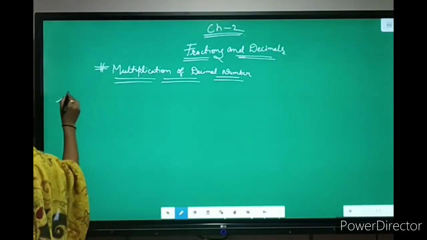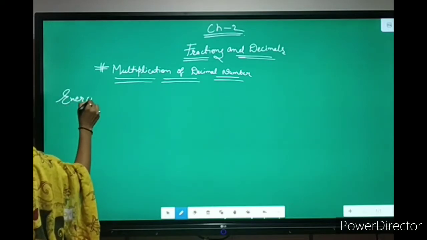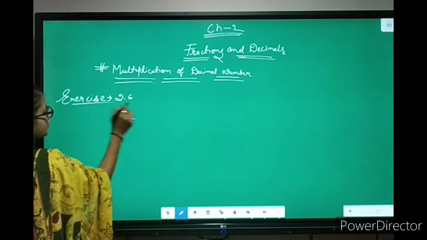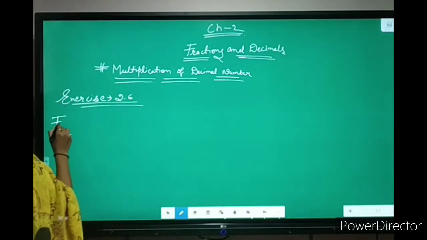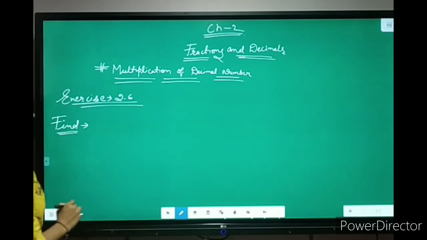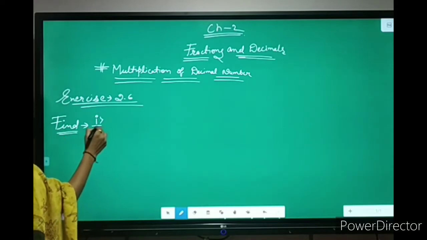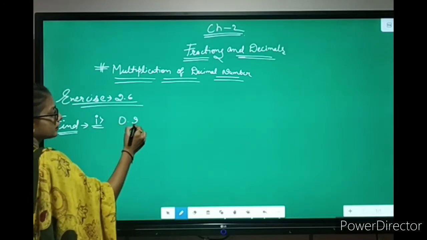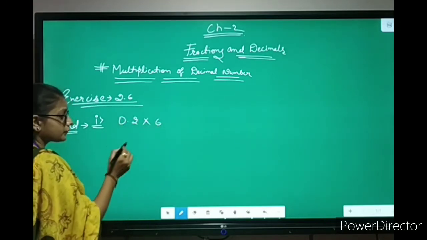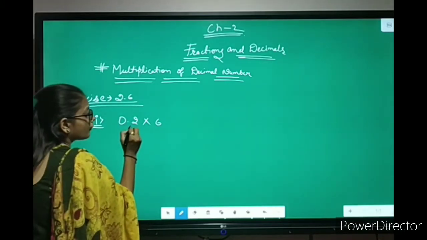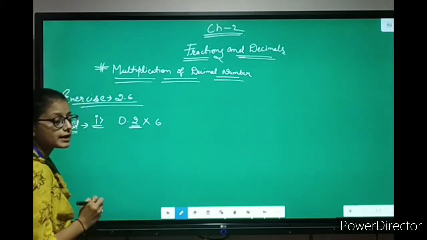Next is the exercise, 2.6. Find the multiplication 0.2 multiply 6. First of all, in 0.2 there is one digit right of the decimal point.